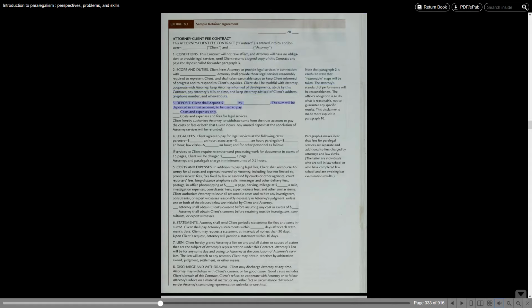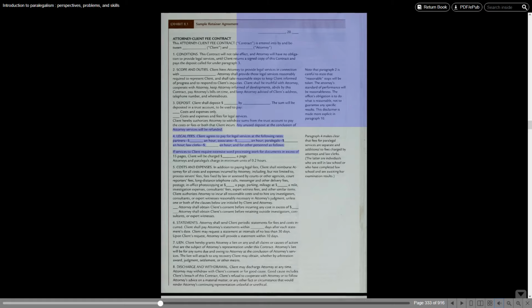3. Deposit. Client shall deposit $___ by ___. The sum will be deposited in a trust account to be used to pay costs and expenses and fees for legal services. Client hereby authorizes attorney to withdraw sums from the trust account to pay the costs or fees, or both, that client incurs. Any unused deposit at the conclusion of attorney services will be refunded. 4. Legal fees.